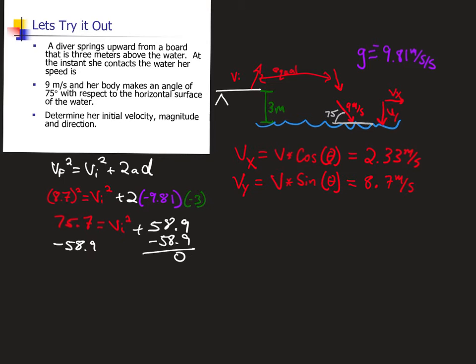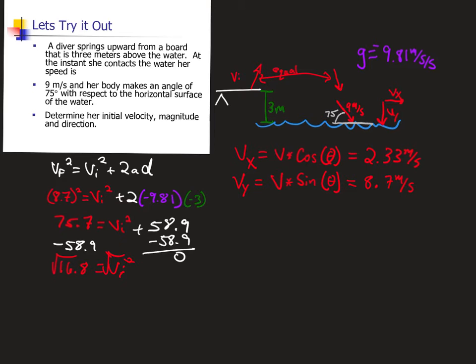So 5.7 minus 58.9 gives us approximately 16.8. We need to take the square root of that to give us what we need.